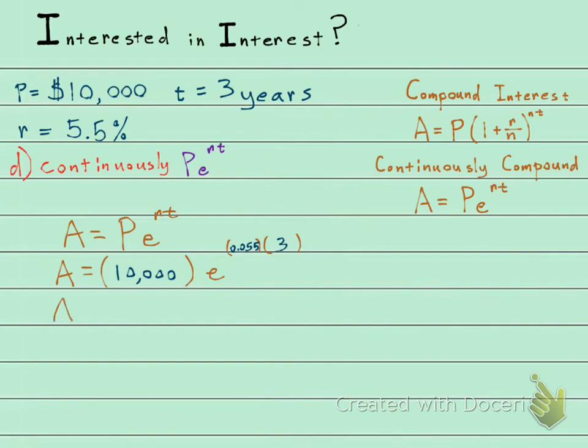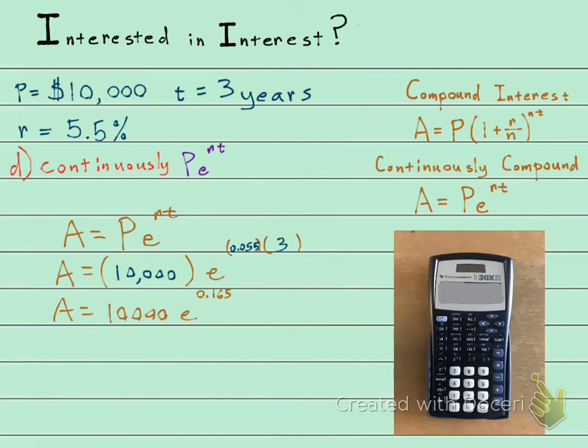All right, so A equals 10,000 e to the power of 0.165. Now there's a calculator button above the natural log that has an E on it. Let me show you where it is. It's right here, e to the x. Since it's up at the top and not on the button, I need to hit the second key. So I'm going to hit second e to the x.